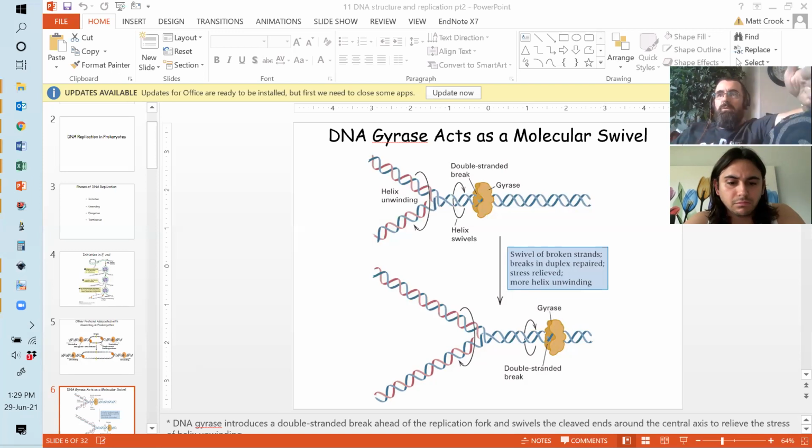The more you open the DNA, the tighter the DNA ahead of it is going to twist. This topoisomerase or DNA gyrase, they're essentially one and the same thing, gets rid of that by cutting the DNA and allowing it to rotate, releasing that coiling, and then they stick it back together again. Which is pretty cool.